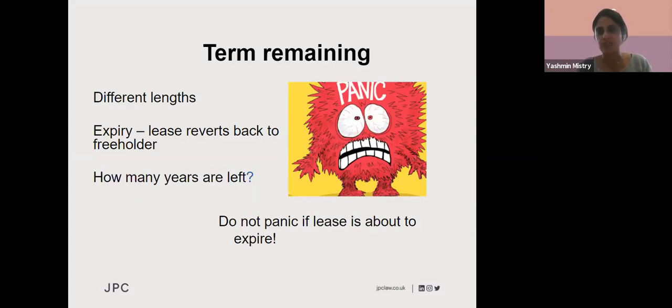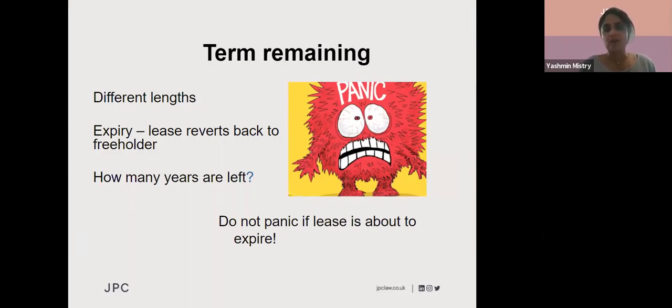But those are generally the lease lengths that you will see. That's not to say that you can't create a lease for, I don't know, 59 years. It's entirely up to the landlord as to how long a lease they want to grant.